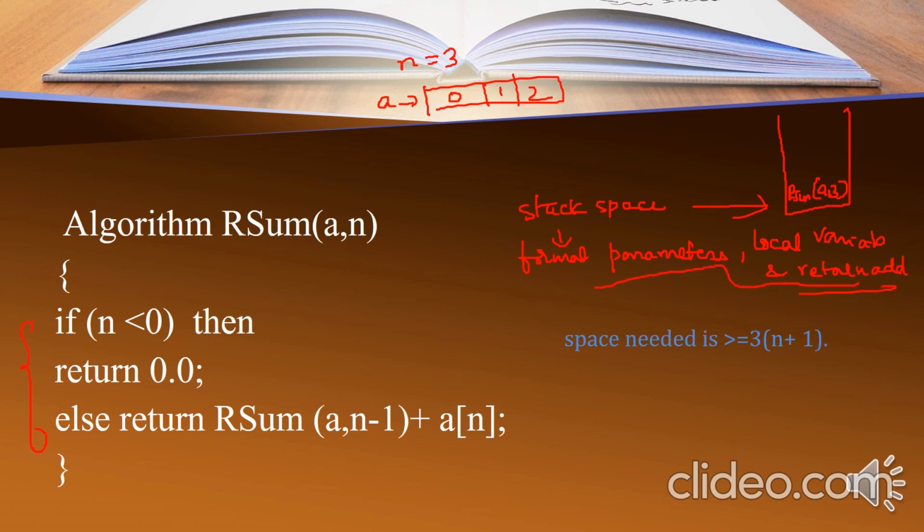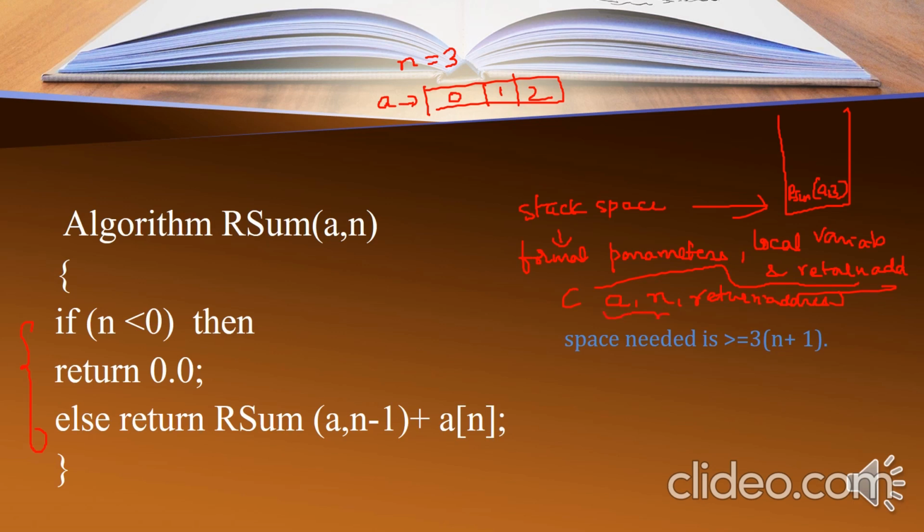These 3 things it is going to pass. That is, in case of this, a, n, and the return address, all these are going to pass. Formal parameters are a and n. There are no local variables as such. So a, n, and return address.